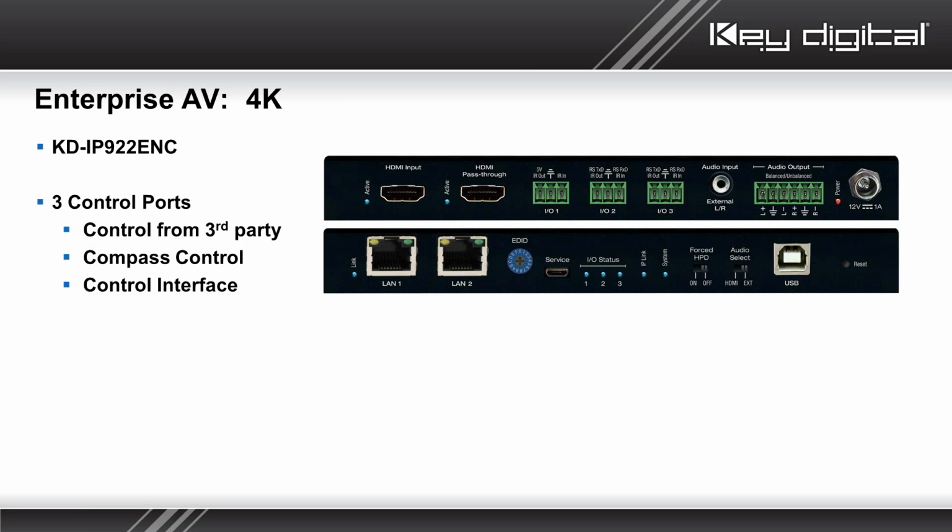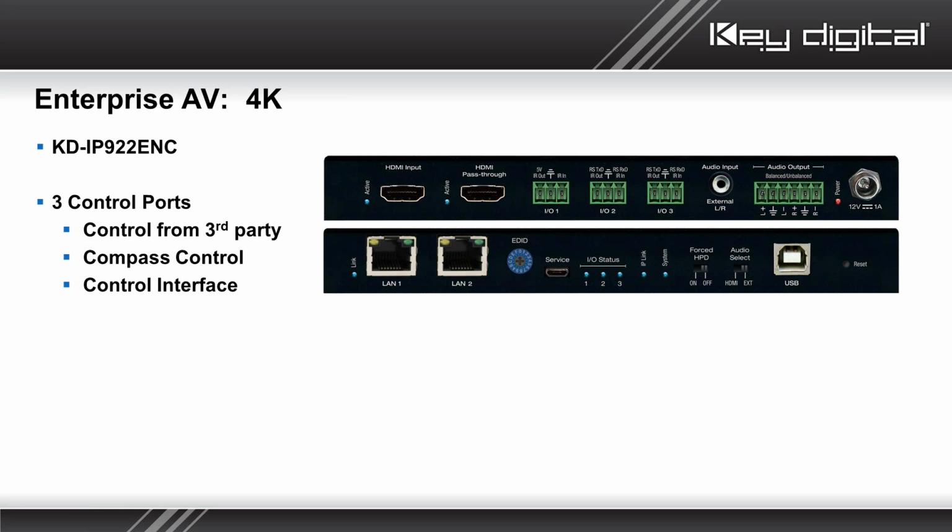Remember, each and every unit has 3, so you could connect IR, bidirectional RS-232, voltage sensing, voltage triggering. And if you've worked with the Compass Control system before, IP922s will be available in the drop-down menu of your master controllers when you add those to your Compass project, in the setup controller step.